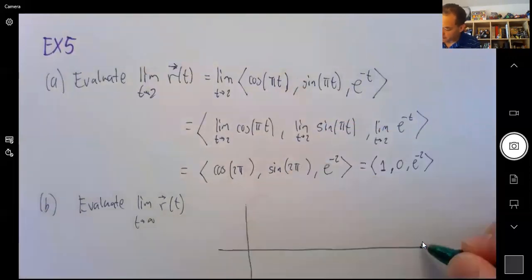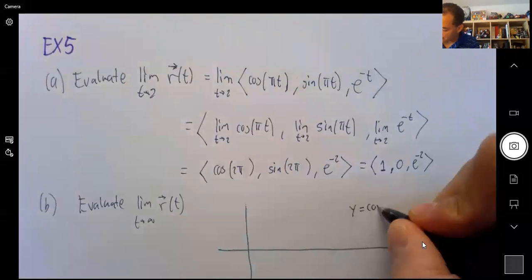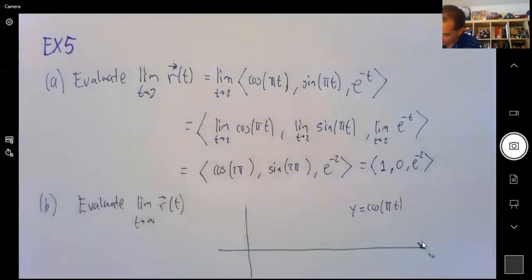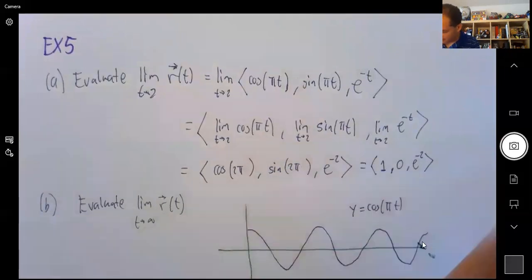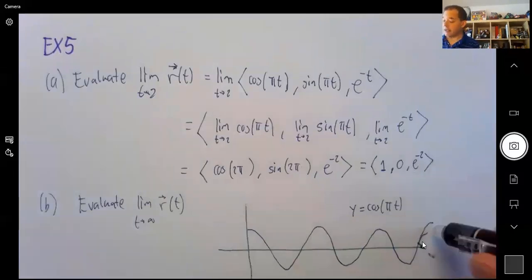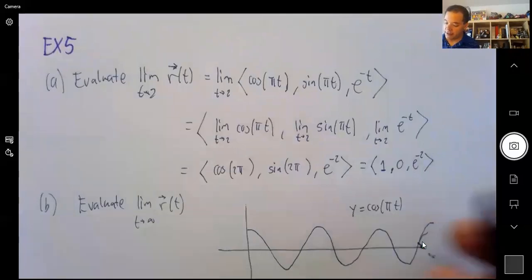So if you write y equals cosine of pi t, that function looks like this. And when you go to infinity, it doesn't have a limit, right? It oscillates between -1 and 1. So what's the answer to this one?